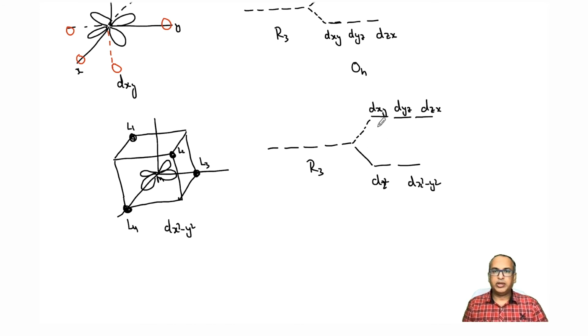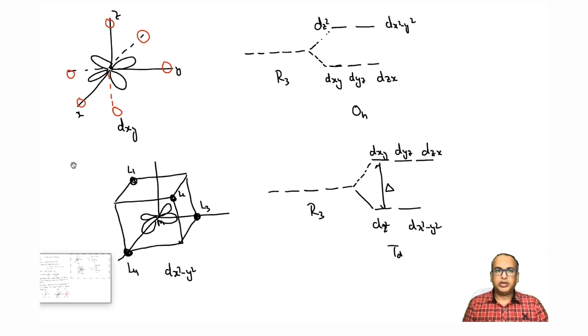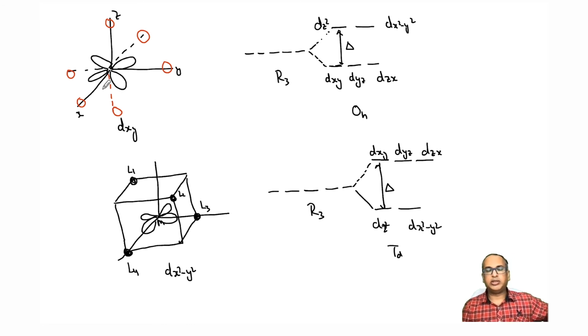Okay. So of course, overall delta would also be different in TD, tetrahedral point group, versus octahedral point group. So which delta would be higher, which delta would be lower? If you see that here the interaction is stronger because there are more ligands which are oriented along the coordinate axis. So the interaction between the orbitals and the ligands is much stronger than the interaction here.